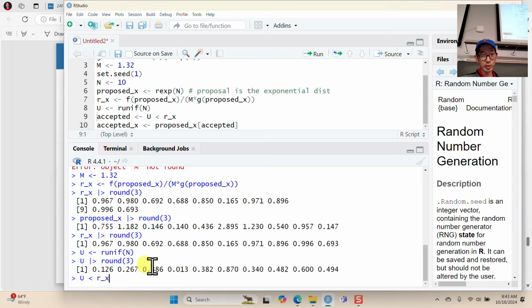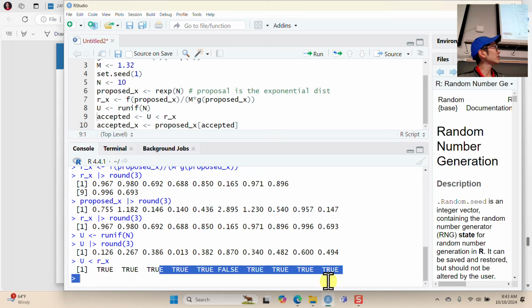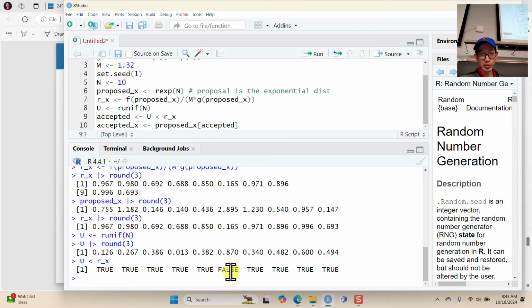These are the random uniform values, and this is our acceptance rate. So this one got accepted. The value at 2.895 should get accepted only 16% of the time. The random value we generated was 0.87, so it's going to get rejected. Everything else actually got accepted, but this one got rejected.